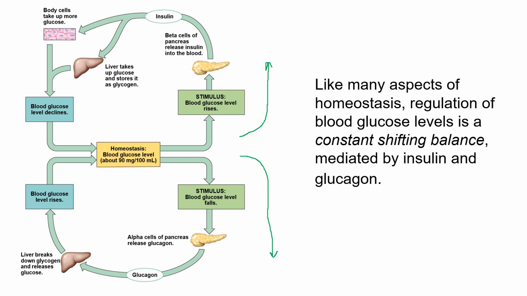And so these circuits are operating all day long. And remember that homeostasis operates as a constant shifting balance, a little more, a little less, a little higher, a little lower, 24/7. And in the case of blood glucose, it's mediated by these two pancreas hormones, insulin and glucagon.